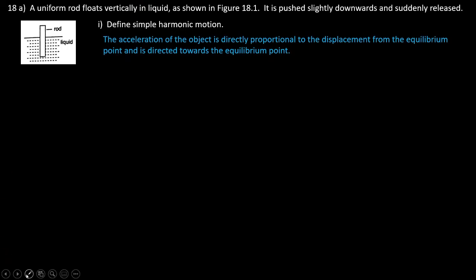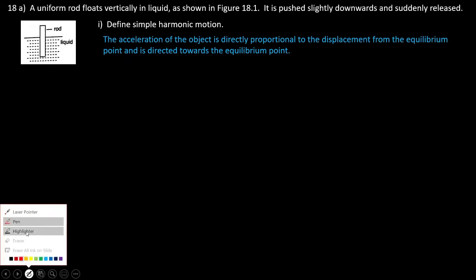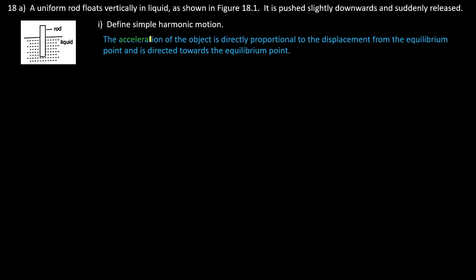Whenever you answer these questions, the first mark is for the acceleration being directly proportional to the displacement from the equilibrium point, and the second mark is awarded for the direction towards the equilibrium point. So you have to have these few keywords when you define simple harmonic motion.